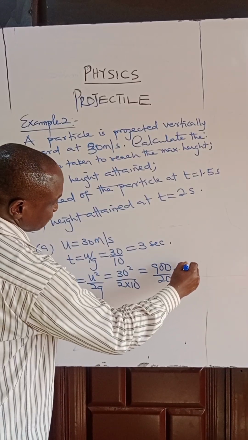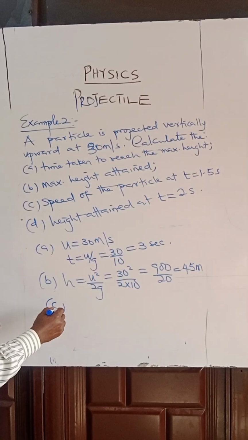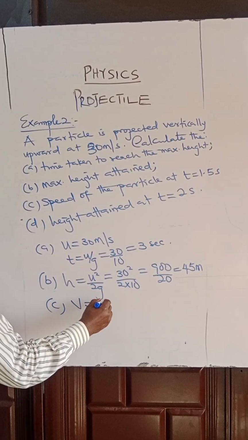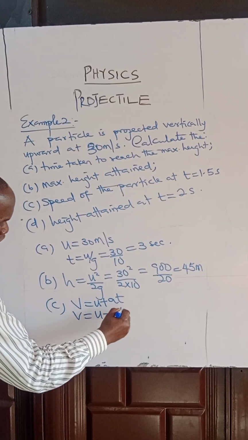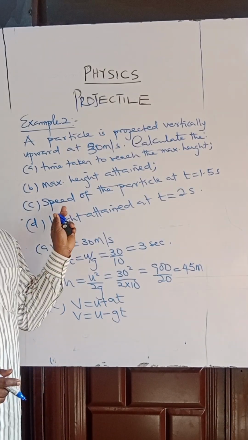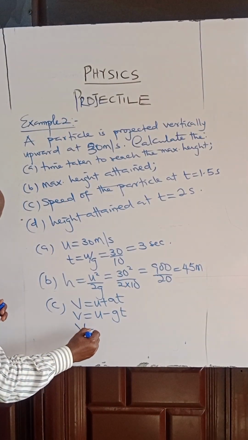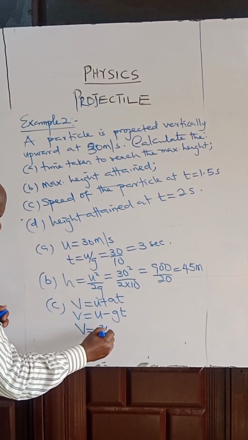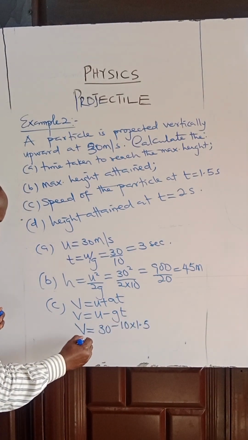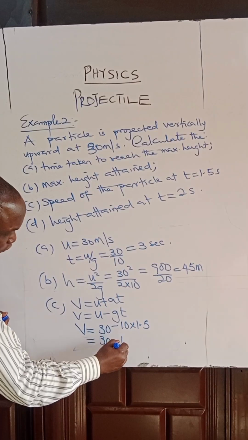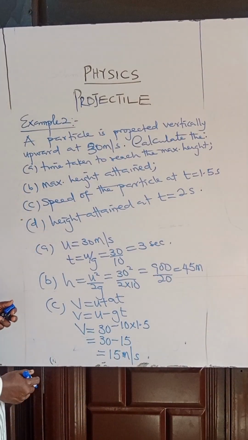That is 45 meters. Then C, the speed. You use v = u + at, that is v = u minus gt, because the speed is only 0 at maximum height. So v is equal to 30 minus 10 times 1.5. So this will be 30 minus 15. So the answer will be 15 meters per second.